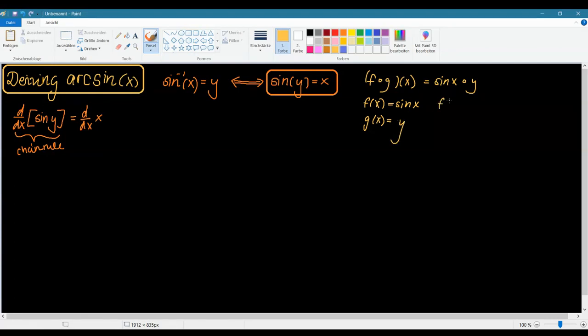Well, the derivative of the outer function is cosine x, and the derivative of the inner function is dy over dx, because we're still just deriving y with respect to x. This is, however, what we're solving for, because this is the slope of the tangent line.